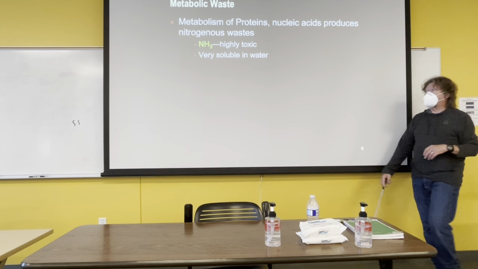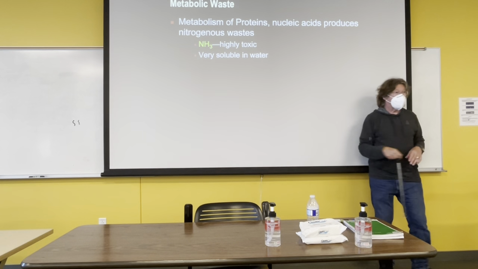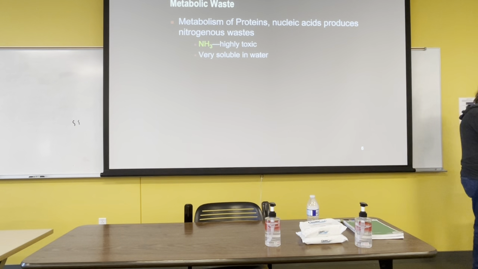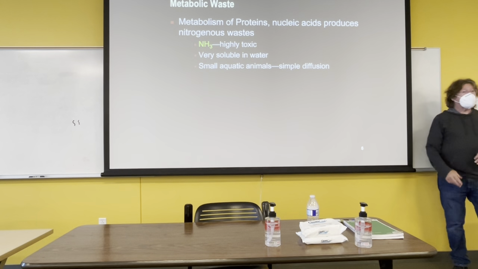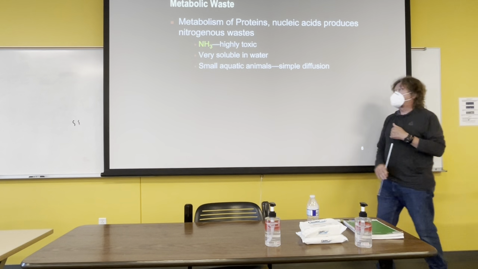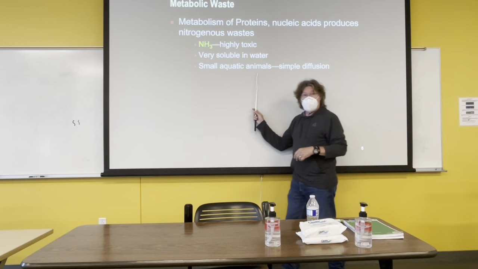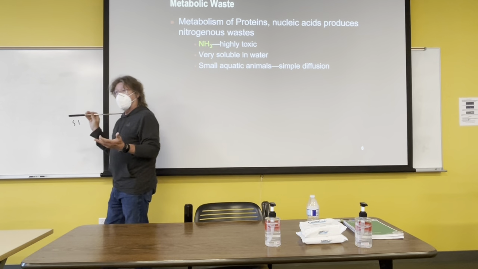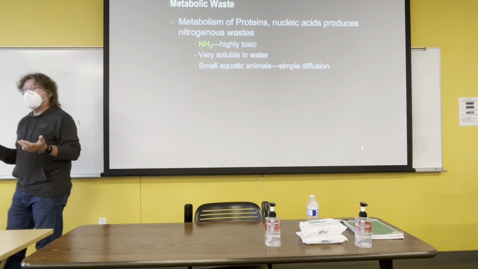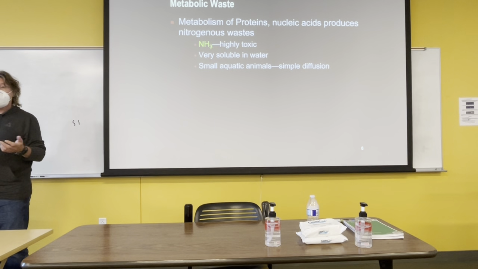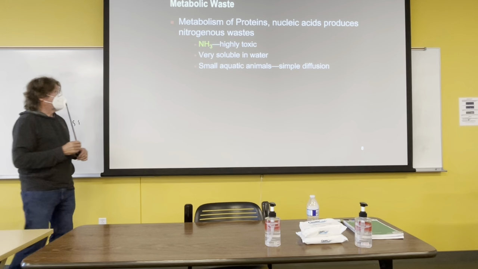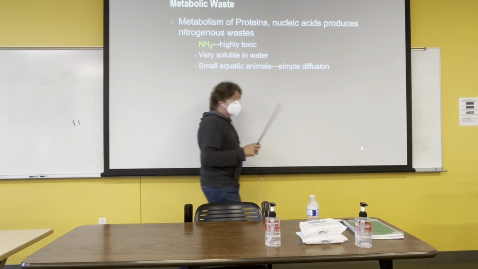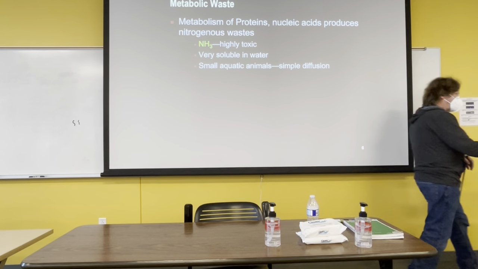However, it's also very, very soluble in water. Therefore, those animals that are small don't have to have any sort of excretory system. So when we're talking about getting rid of this metabolic waste, that's excretion. They don't have to have any special type of epithelium to get rid of it because it can just diffuse out. If they're small enough, simple diffusion will take care of it.